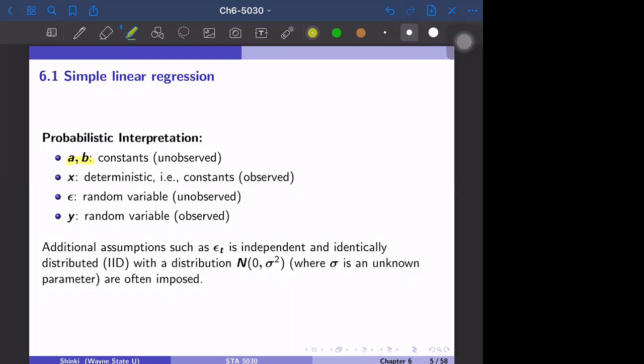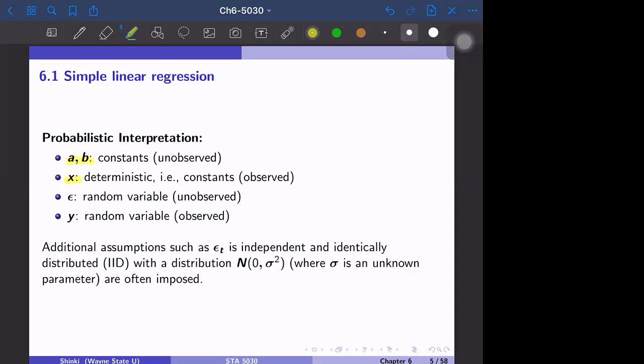X is deterministic. The calorie intake of the mouse is a typical example, and we don't have any variability in X. So X is given. Even if X comes from some random phenomenon, throughout this course X is always deterministic. X is just a given number.